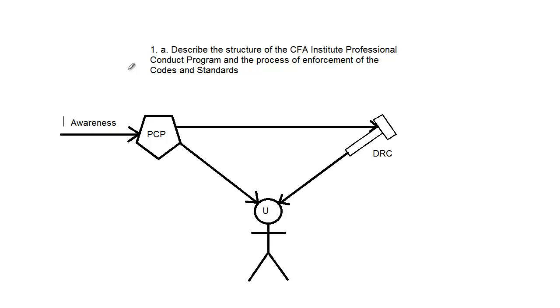For the purposes of this video, a member is someone who is a charter holder and who can use the letters CFA after their name. A candidate, on the other hand, is someone who's studying for the CFA exams. We'll go into more detail about the definitions later on, but in this video let's just keep it simple. If you're a member, you have to submit what is called an annual professional conduct statement to the Institute.